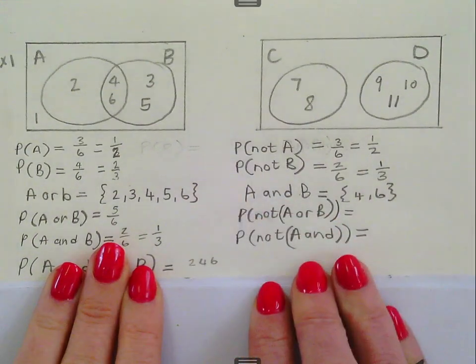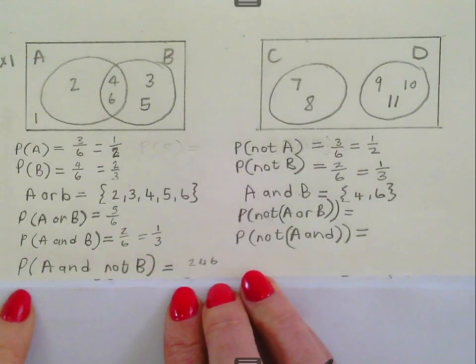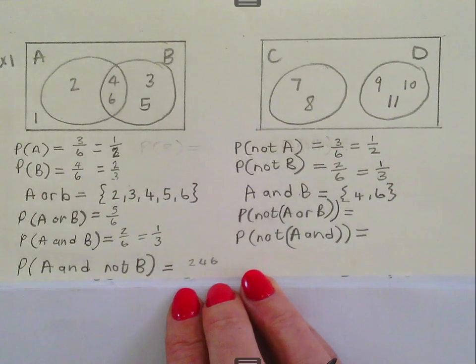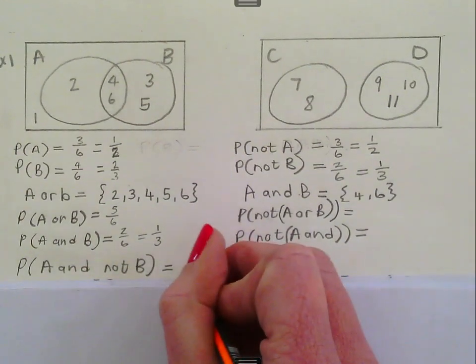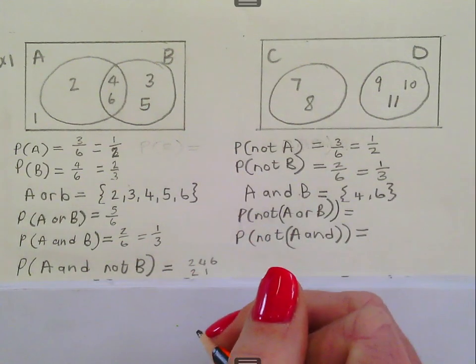Do you understand that? So when I'm asking for the probability of A, I'm asking who's in A's circle. Now, because we're done with A, who is not B? That means you're not allowed to be in B's circle. Who's not in B's circle? 2 and 1. Do you all understand that?